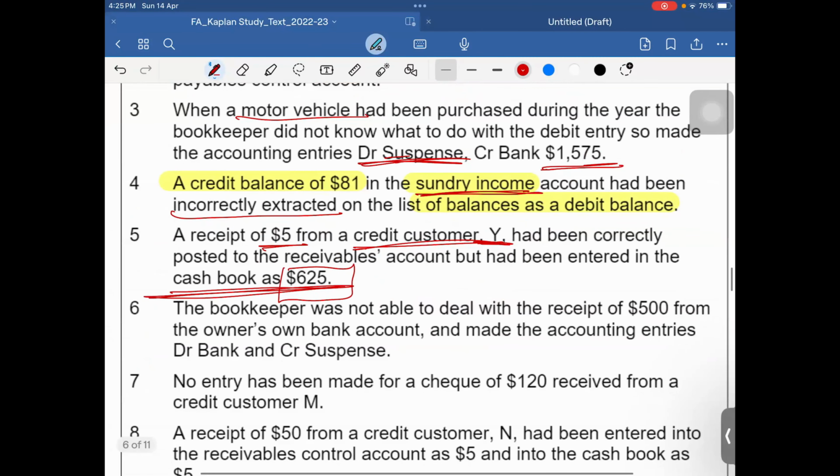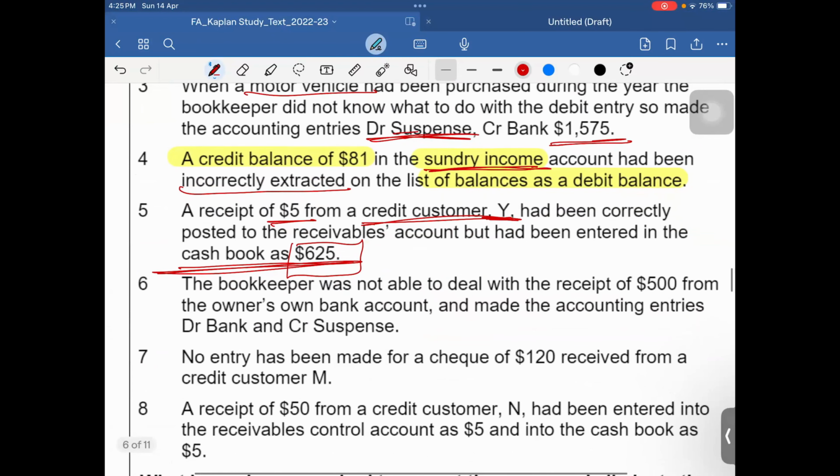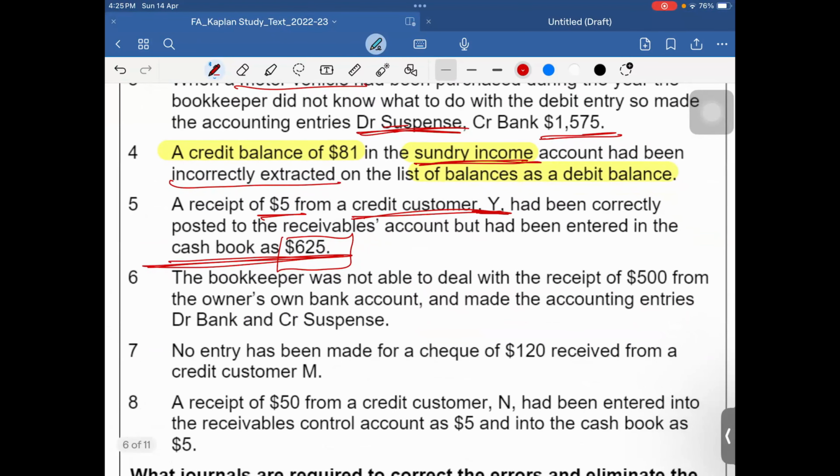The bookkeeper was not able to deal with the receipt of $500 from the owner's own bank and made accounting entries debit bank and credit suspense. So what happened was there was a receipt of 500.